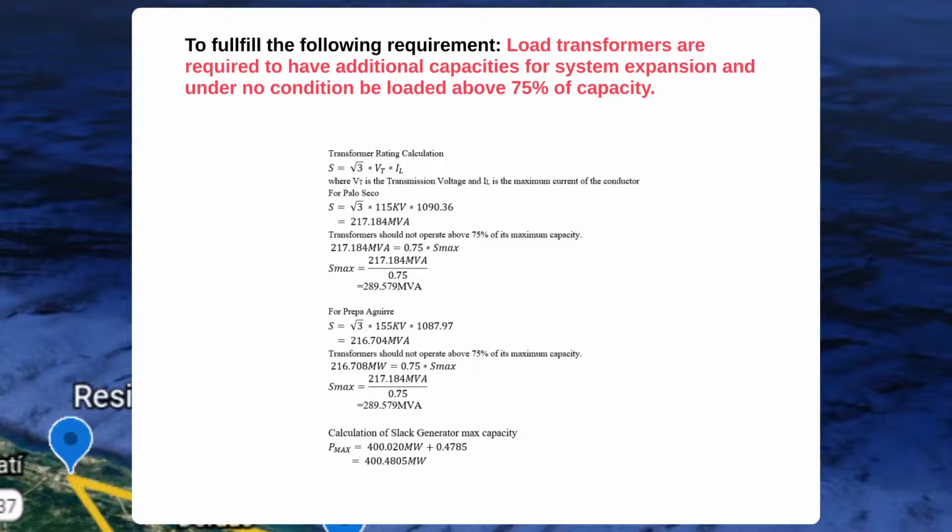Also, to fulfill this, we went on to do the transformer rating calculations. So we did that for each of the generators. So we took into consideration the transmission voltage and also the maximum current of the conductor.